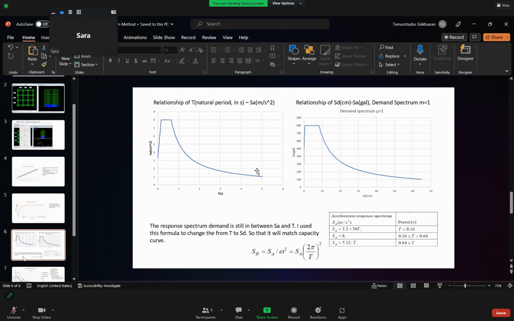The response spectrum demand is prepared following the Japanese way for exercise. The response spectrum demand is in between SA and T. I use this formula to change from T to SD. This first one is T and this is SD.